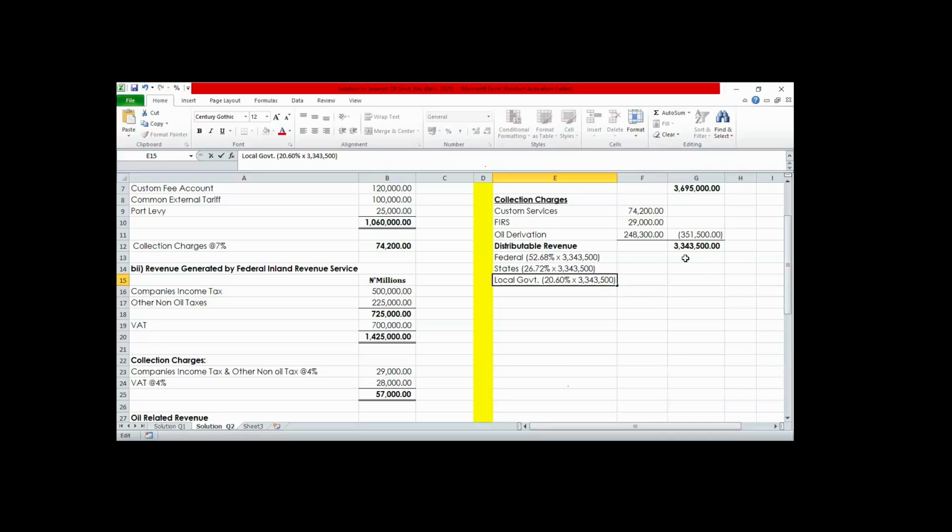Then we do our computation here. 52.68% times this. The second one, 26.72% times this.